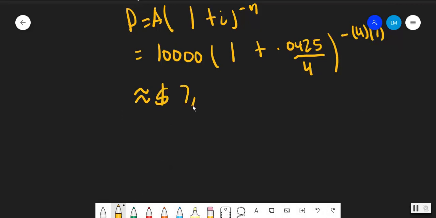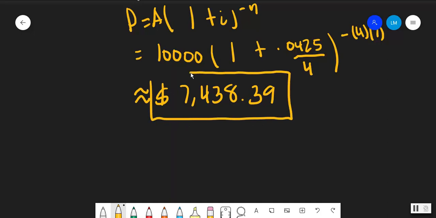Okay, so this amount is actually just the amount that was deposited or lent, whatever you want to say.